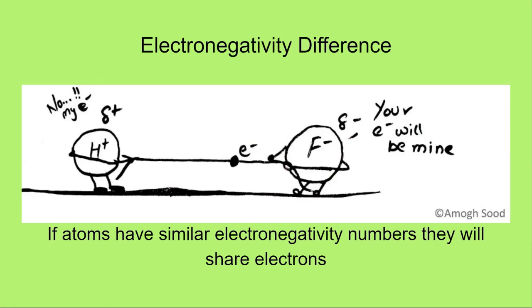The electrons are going to hang around with the atom they think is cooler, let's put it that way. They're going to share the electrons between them. The electrons will be between both atoms, but they're going to have a tendency to hang around the atom with the higher electronegativity a little more often.